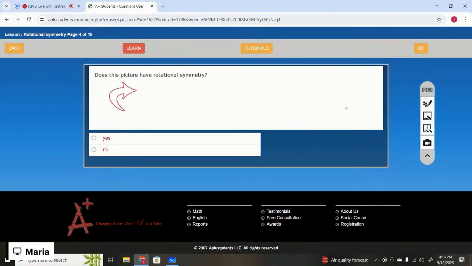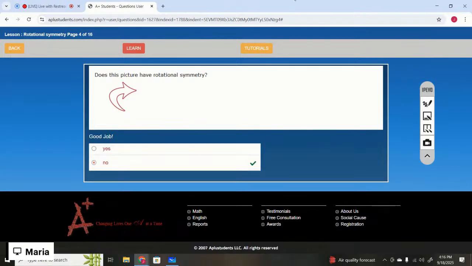The correct option is no, the picture does not have rotational symmetry.